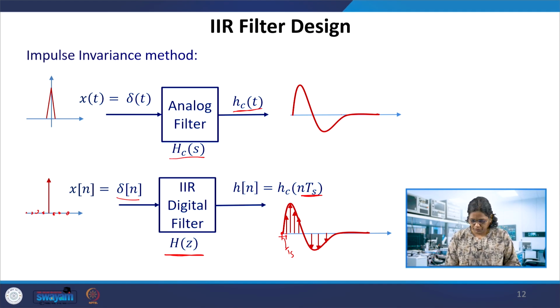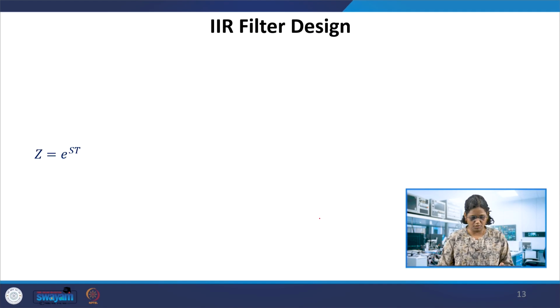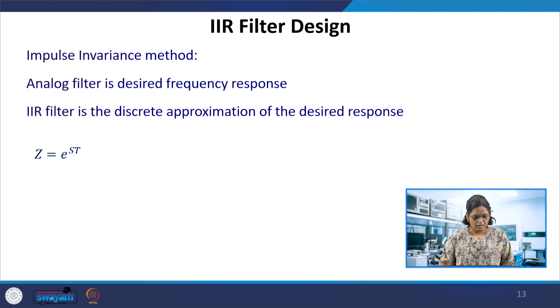How we will do that operation: the analog filter is the desired frequency response, with the specification and everything given in analog, and the IIR filter is the discrete approximation of that desired analog response.